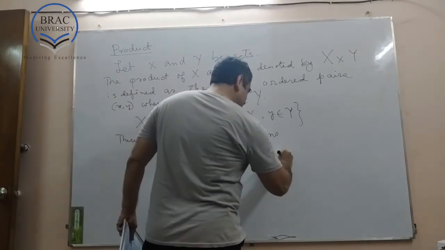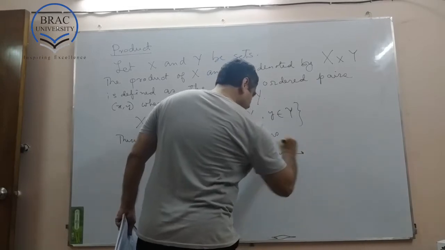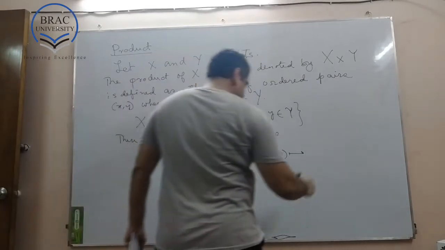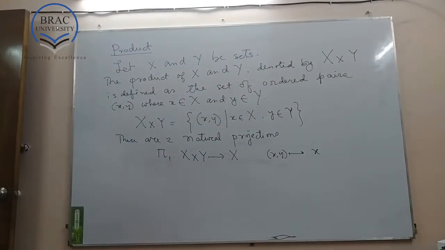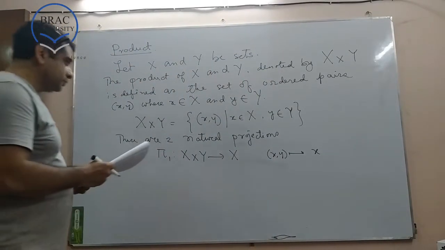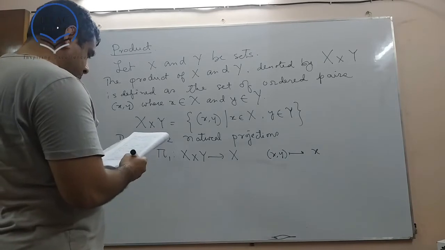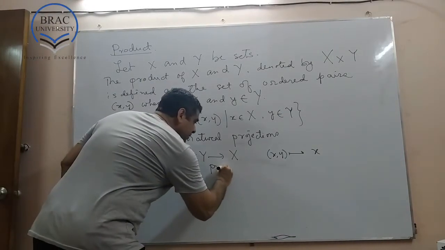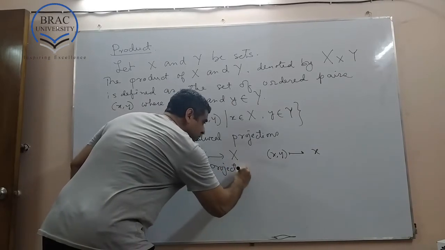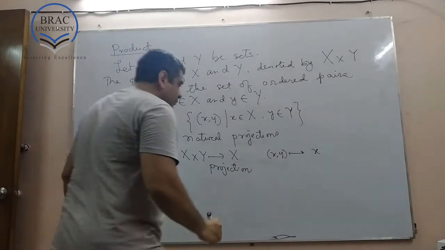The entry (x, y) gets projected to the first entry. You see that it's surjective. So it's the projection onto the first factor.